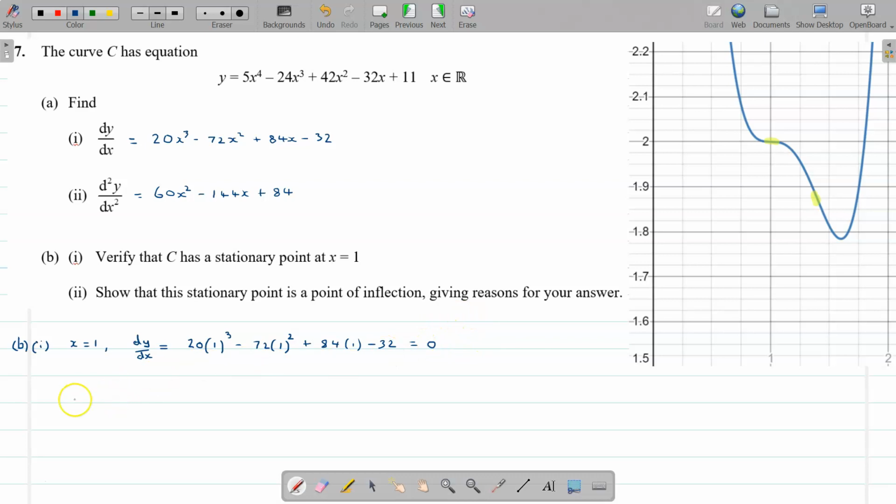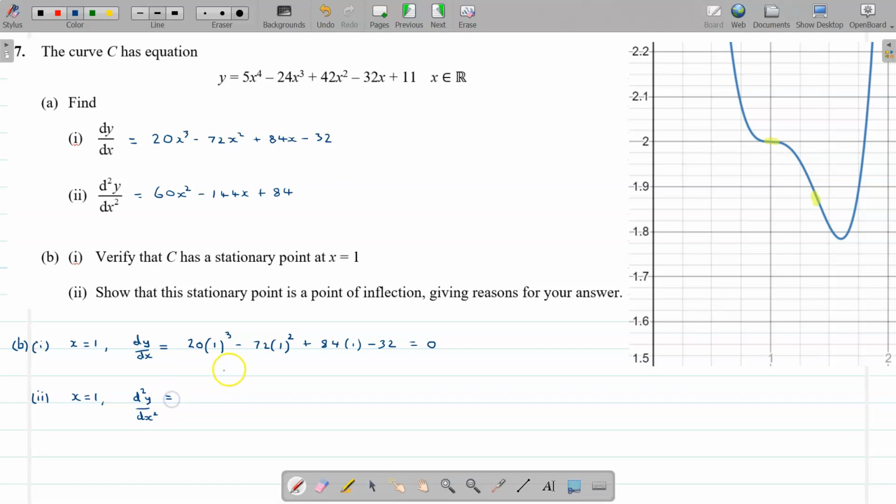And for part B2, show that it's a stationary point that is also a point of inflection. So we put x equals 1 again, and we work out the second derivative. I'll just do this first and then explain what we're doing in a moment.